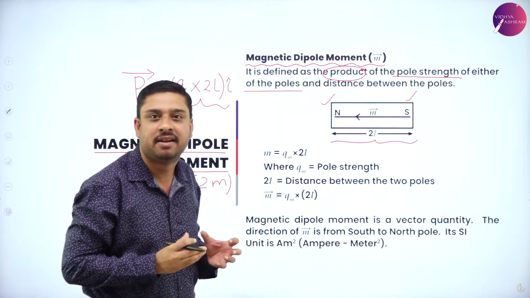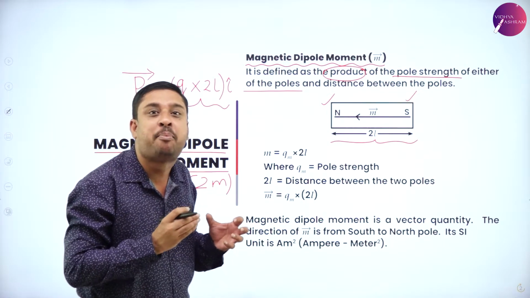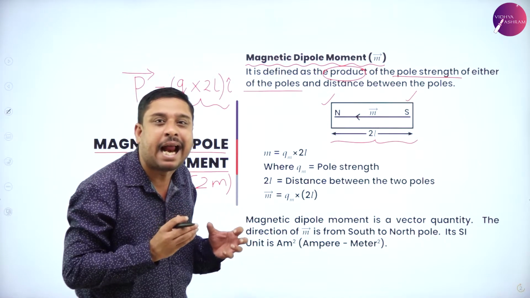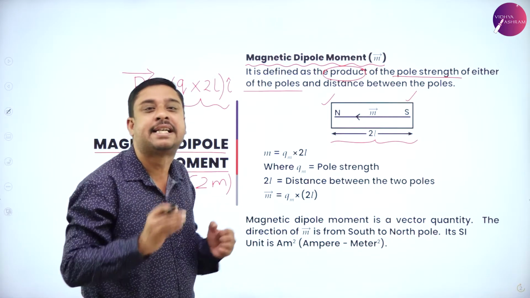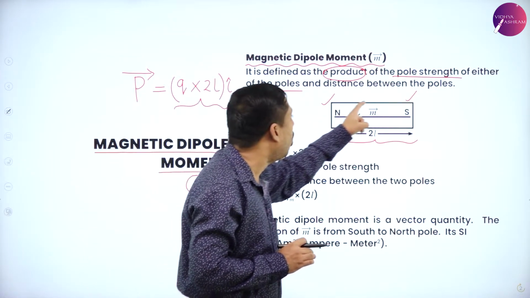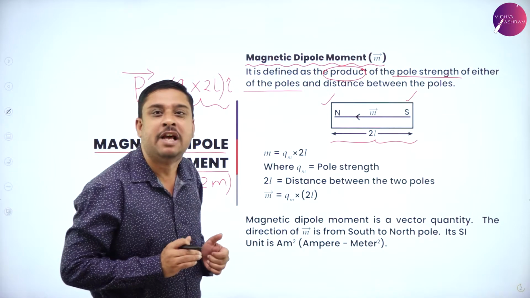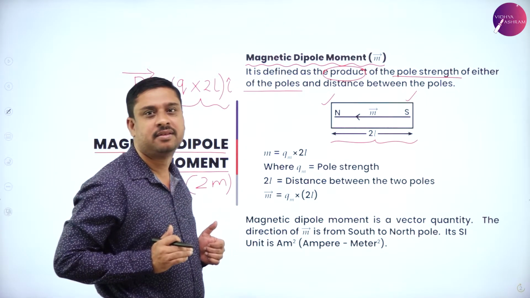Pole strength is the strength of the pole to attract iron, nickel, cobalt, etc. And we told both the poles will have the same pole strength.